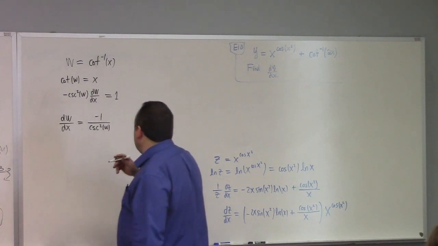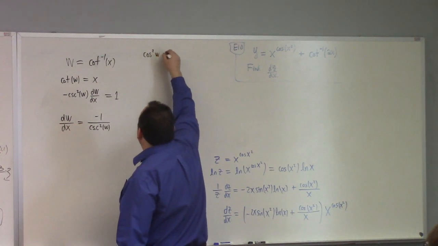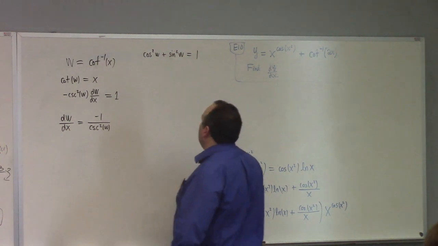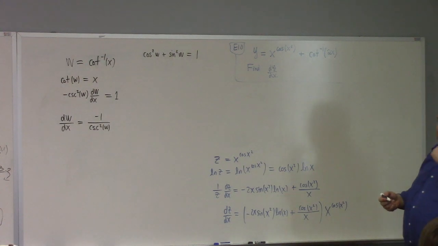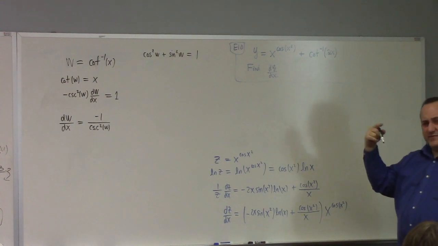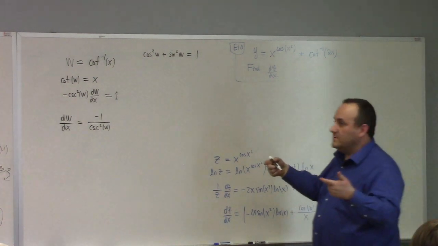Now the question is, what's the deal with cosecant squared? Well, I go back to sine squared plus cosine squared, because that's my happy place. Sine squared plus cosine squared is 1. How do I get the cosecant? Cosecant's 1 over sine, right? So if I want a 1 over sine formula, I should divide by sine squared.